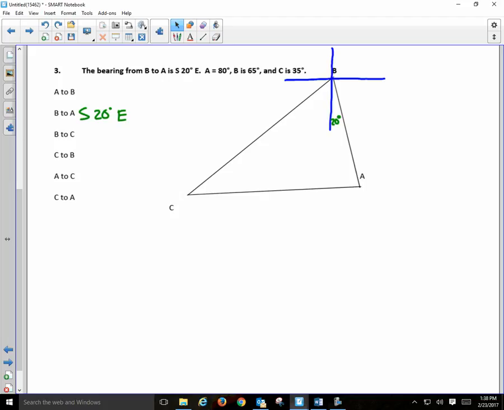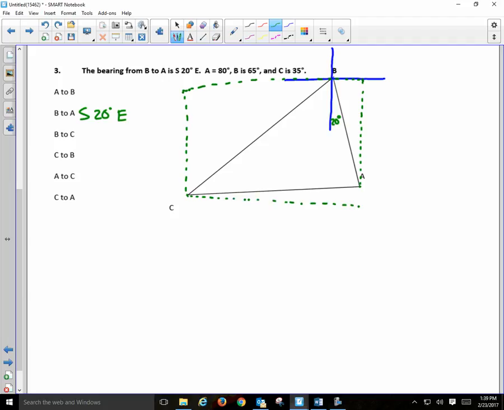Anybody got a good idea? You could. That's one way to do it. You could also do a triangle like this. I'm going to kind of clean this area up here. Kind of sloppy.